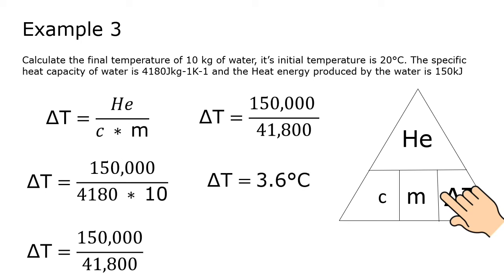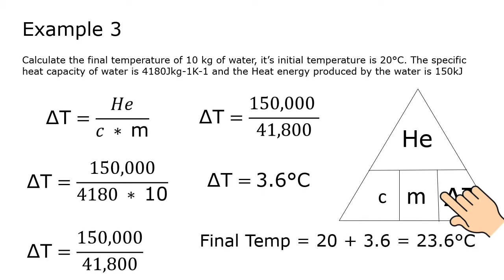It turns out to be 3.6 degrees Celsius. Now, just beware at this point, you're not done, because this is delta T, the change in temperature. This is how much it's changed by, it's not the final temperature. To get the final temperature, you're going to have to add your initial temperature and the one you've just found out. So be wary of that. They might give you this as a stumbling block, to see how you can figure out the last bit.